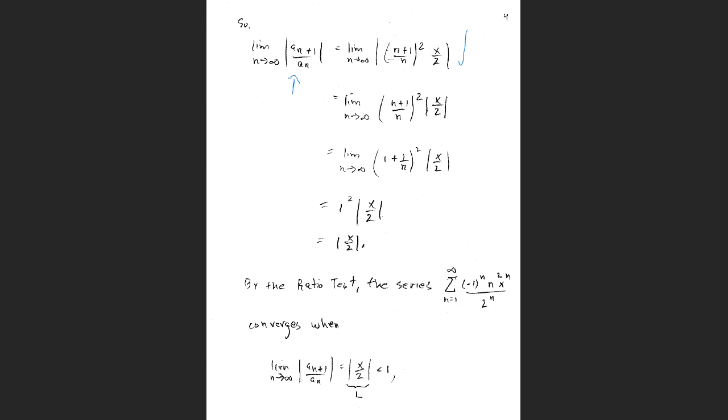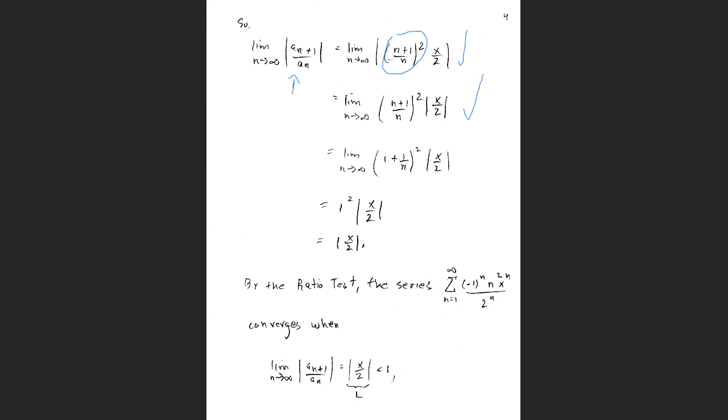But the n plus 1 over n squared is positive, so we can bring that out in front of the absolute value, right? You can bring that out front. And so we're left with the limit as n goes to infinity of n plus 1 over n squared times the absolute value of x over 2.